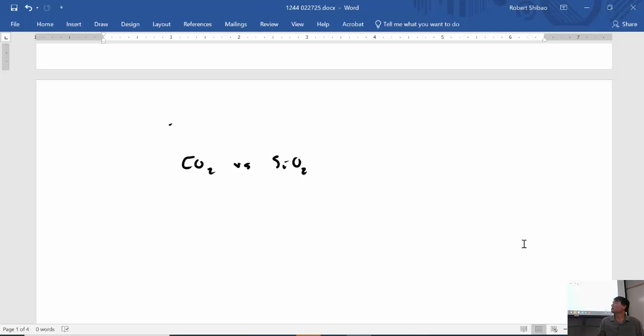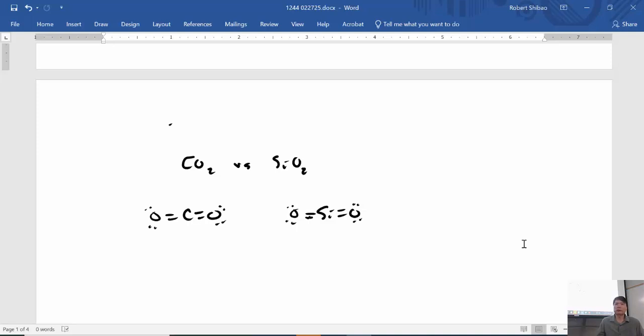If we look at CO2, carbon is in group 4 or 14. Silicon is in the same family. And so we know what CO2 is. CO2 forms molecules like this. And so you would expect SiO2 to do the same. So this is what we'd predict.